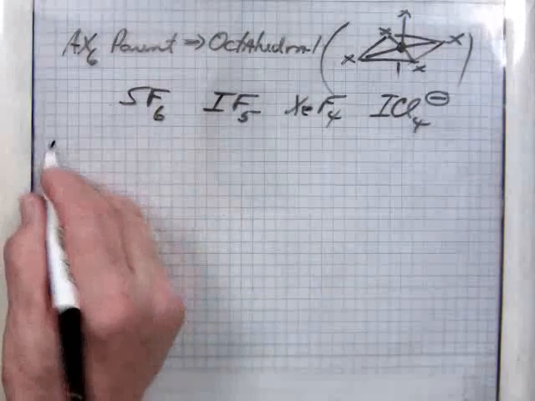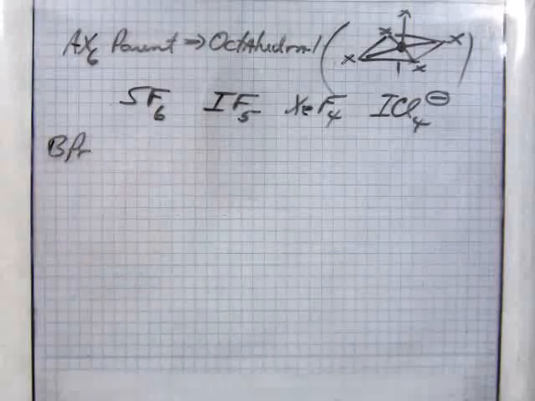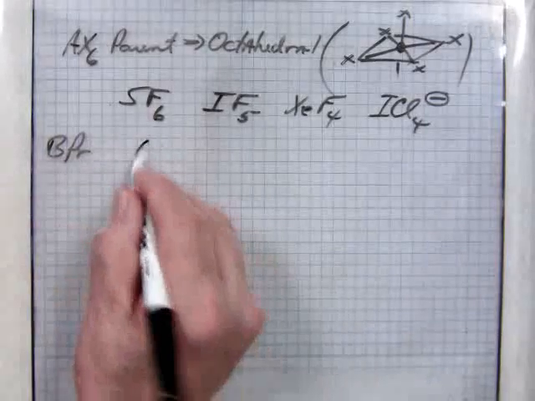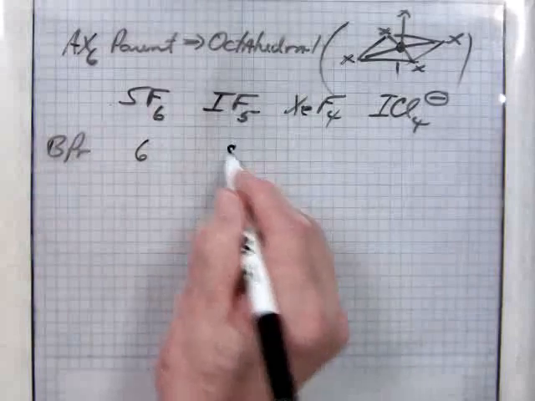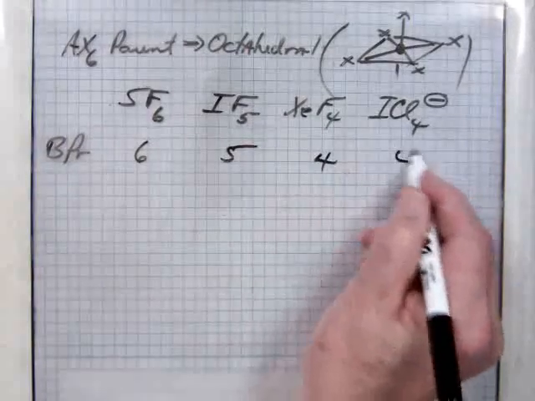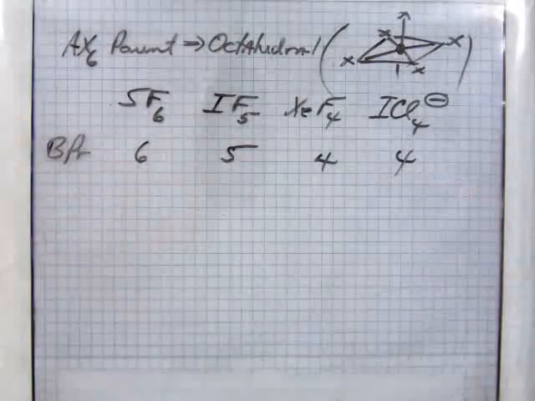Okay, so bonded pairs, easy enough, right? 6, 5, 4, and 4. Okay?